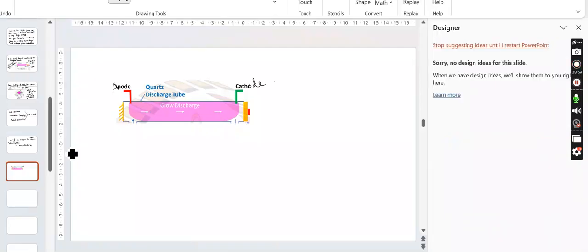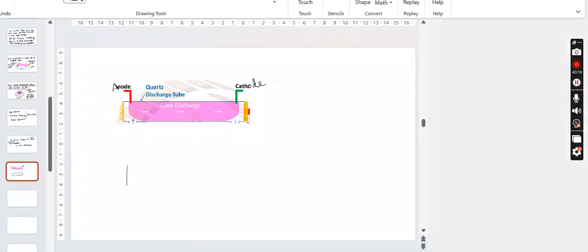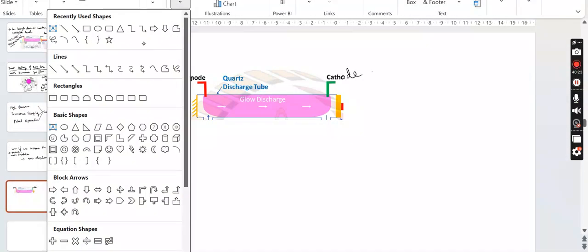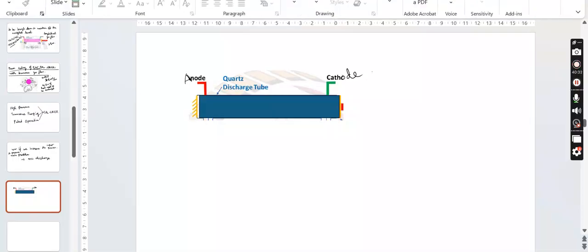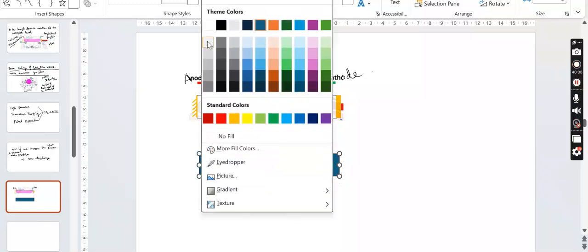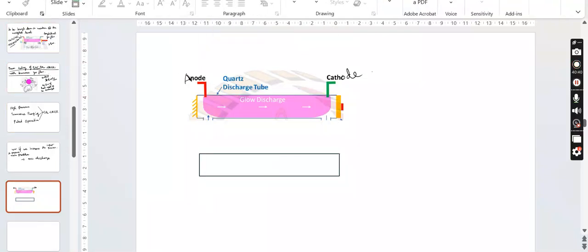This is glow discharge, but for arc discharge, what happened? This is anode. Sorry. This is cathode.